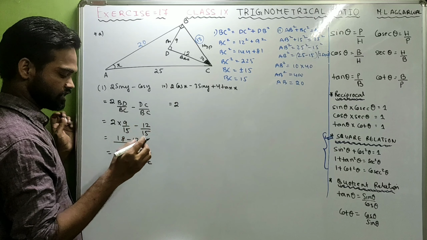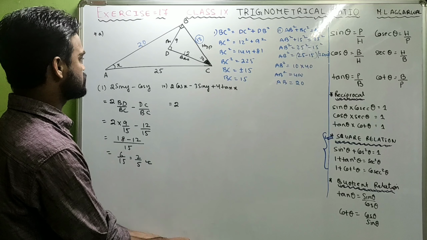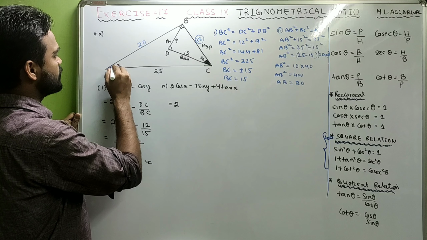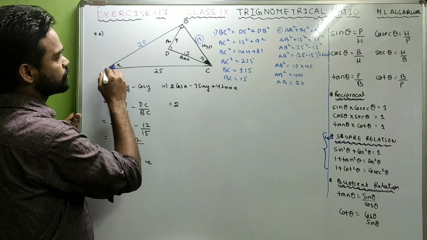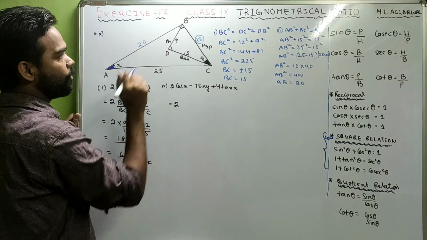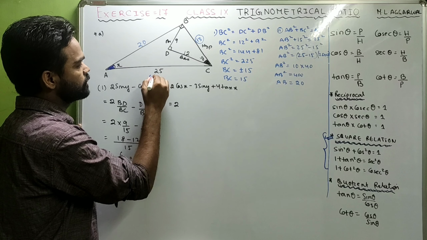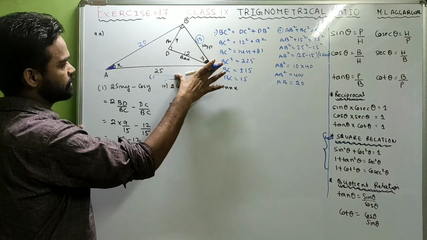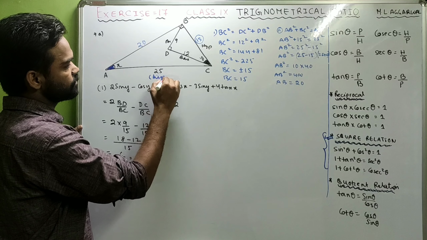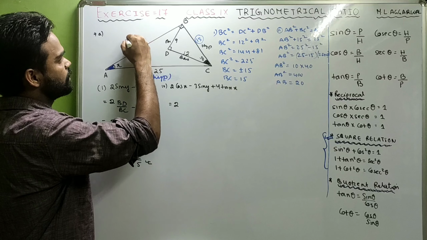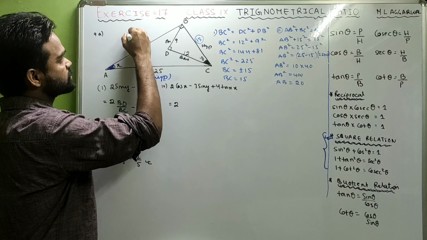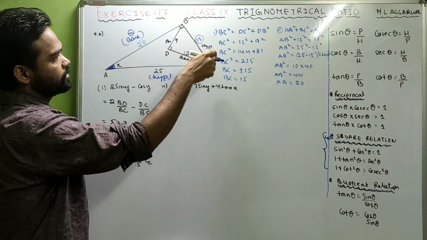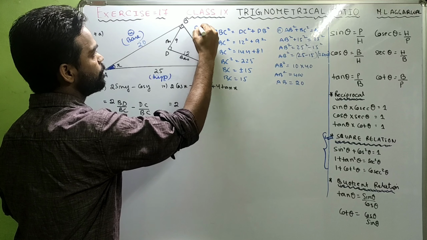Now look at part 4. Twice of cos x. Now when you're talking about cos x, x means this angle. So this is your hypotenuse, no doubt, because it is opposite to angle B, which is 90 degrees. Sorry, I've written base. This is my hypotenuse. This becomes the base for x, and BC becomes the perpendicular.